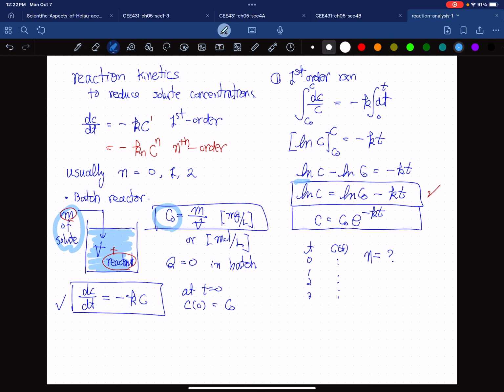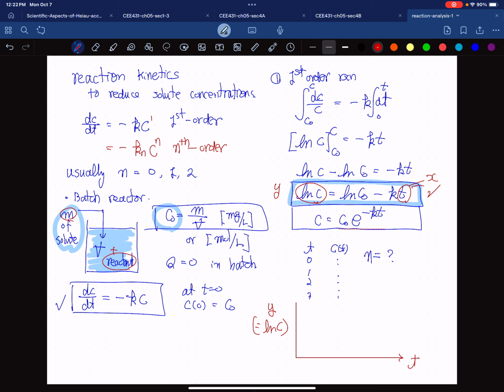So having this equation, we will set natural log C as y, and t as x. If you have this plot, then your x-axis is time t, and your y-axis is natural log of C. Okay.